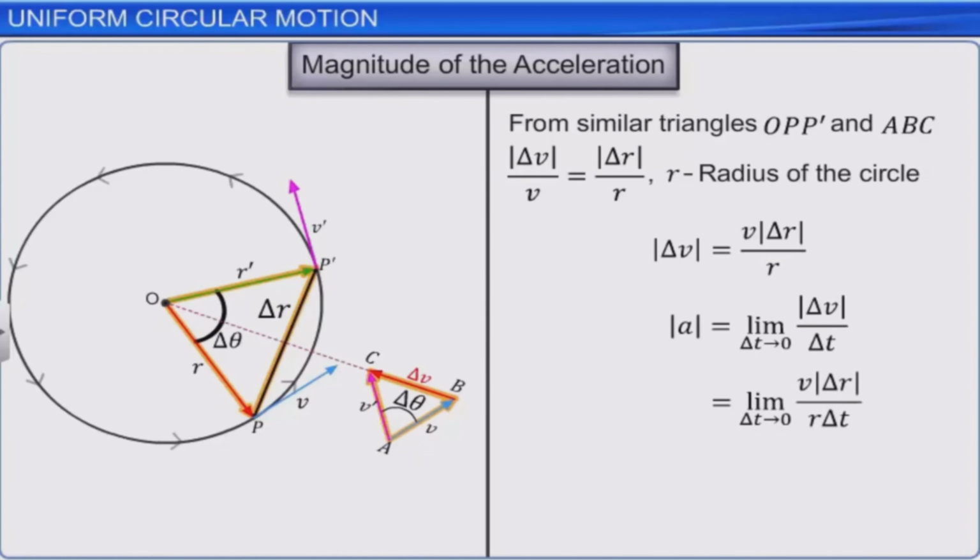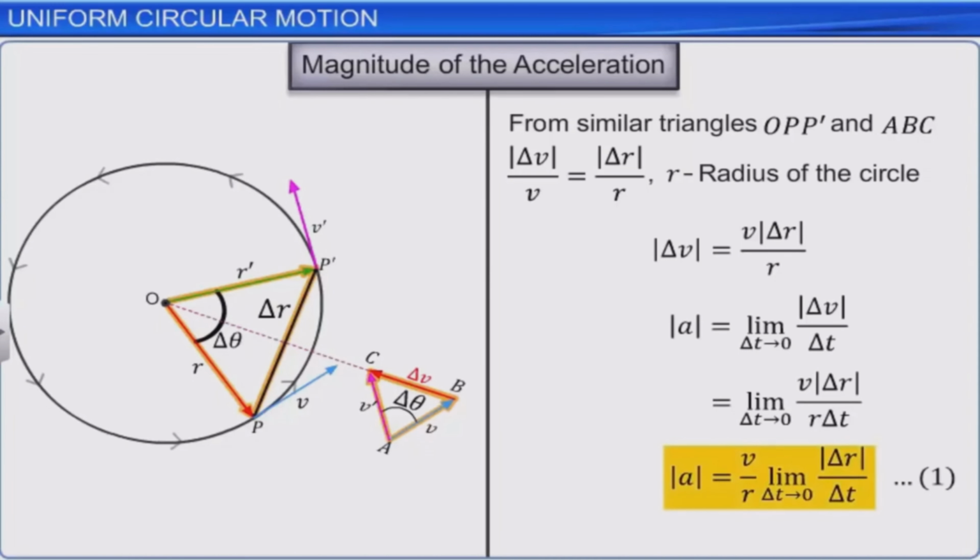This expression can be written as magnitude of a is equal to v by r into limit delta t approaches 0, magnitude of delta r by delta t. Let this be equation 1.